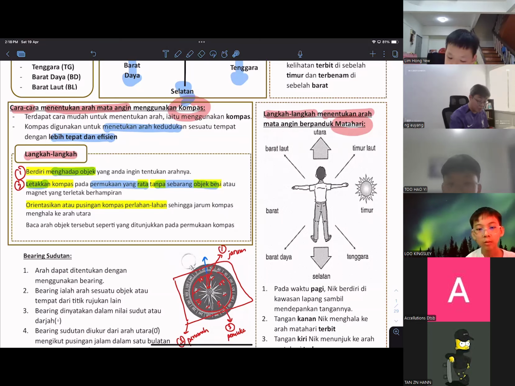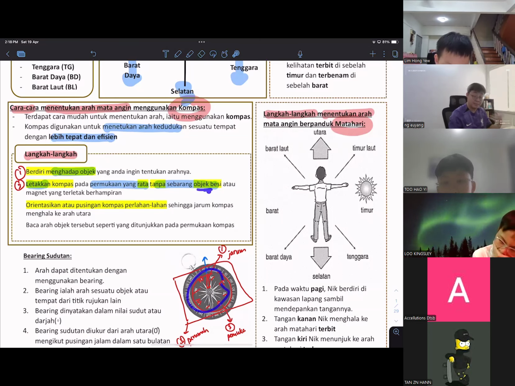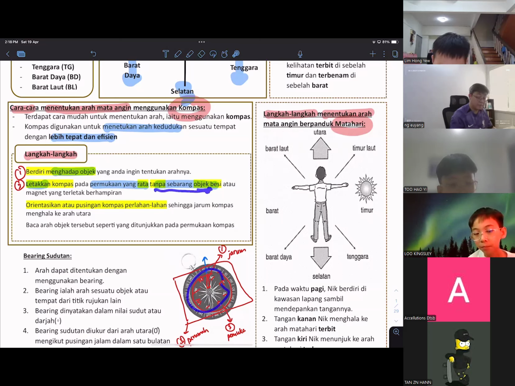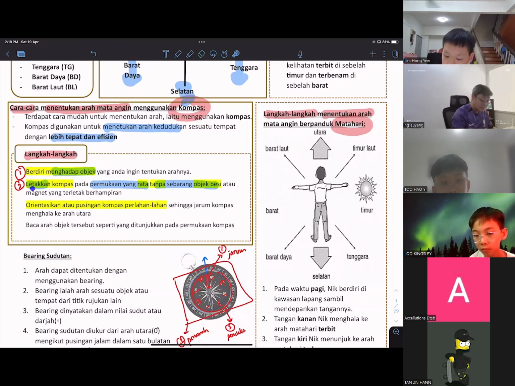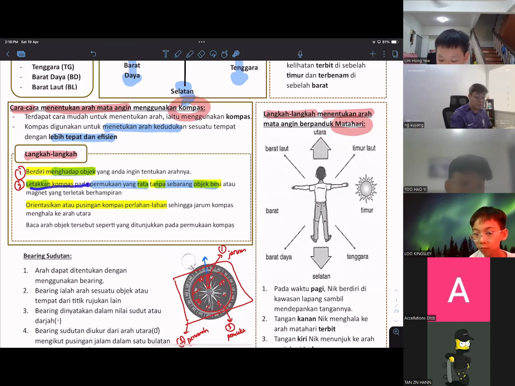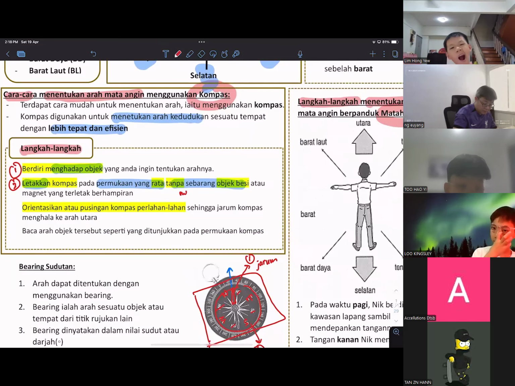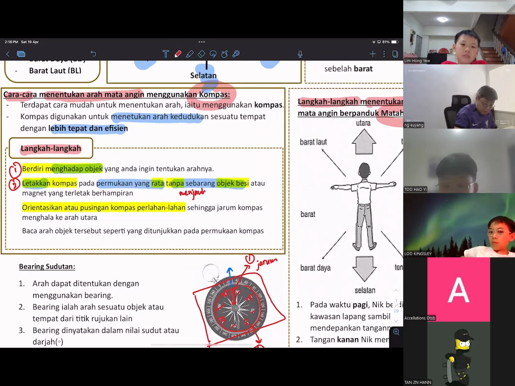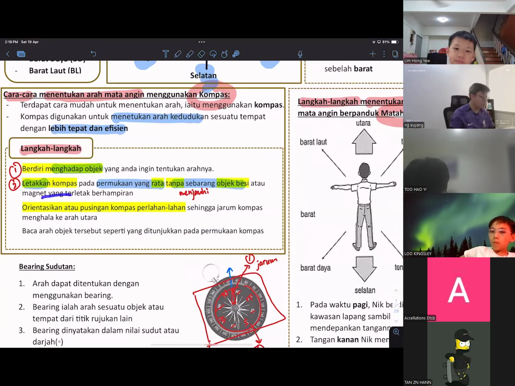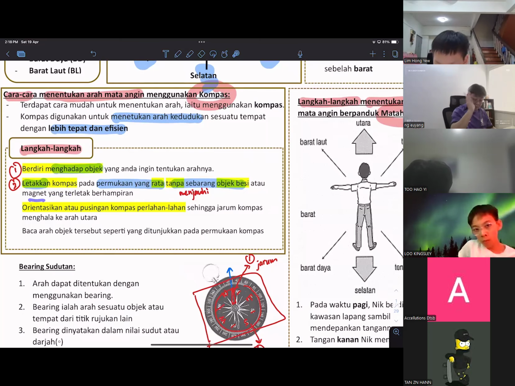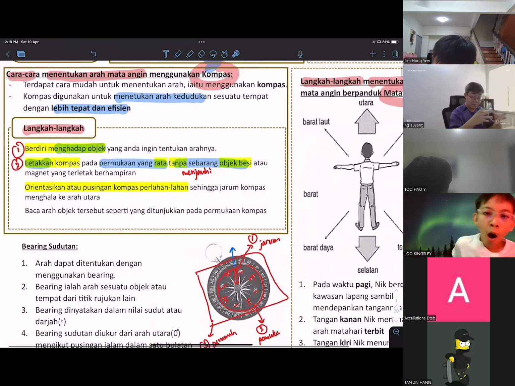So that's why we have to keep the compass away from any metal substances. So tanpa sebarang objek besi, or you can rephrase it, letakkan compass pada permukaan rata dan menjauhi objek besi. So you guys know how to spell menjauhi, right? Menjauhi. Okay, objek besi. Not just magnets, stay away from all the metal material.